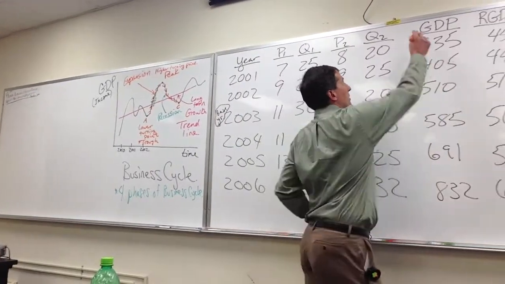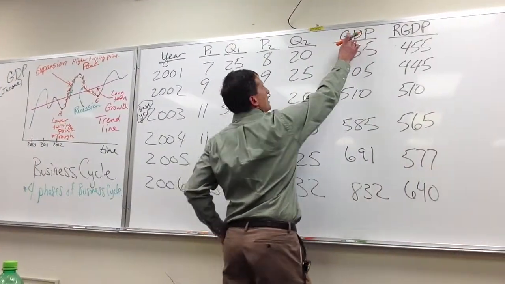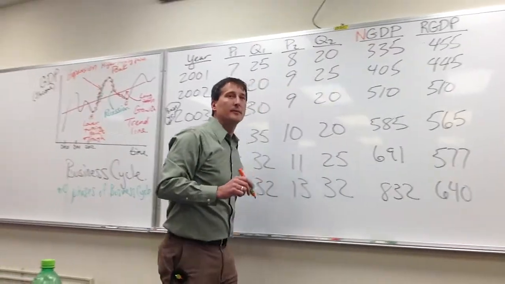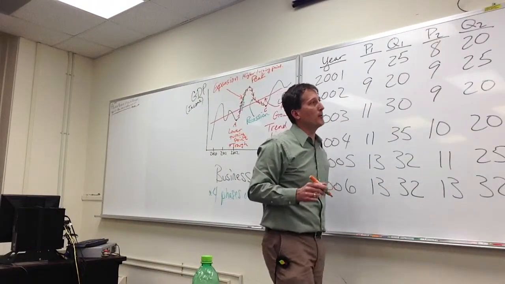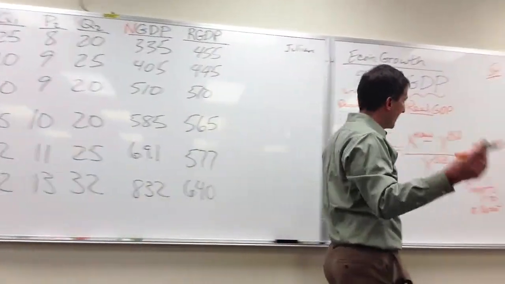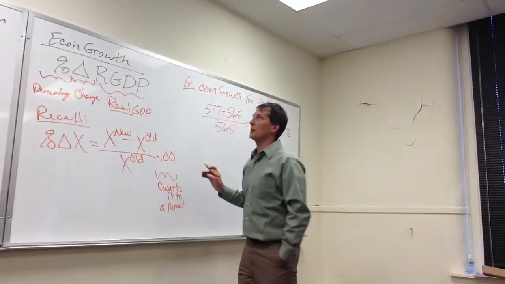So we've got a new way we're going to characterize this GDP. This is now nominal GDP. So the way we were doing it before was called nominal GDP. I just didn't tell you that because we hadn't gotten to what real GDP is.